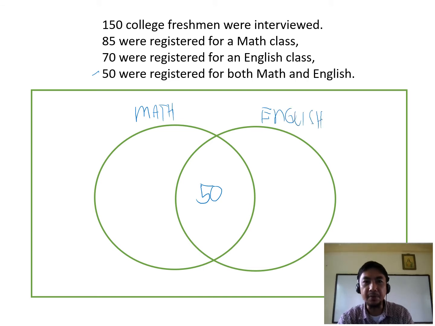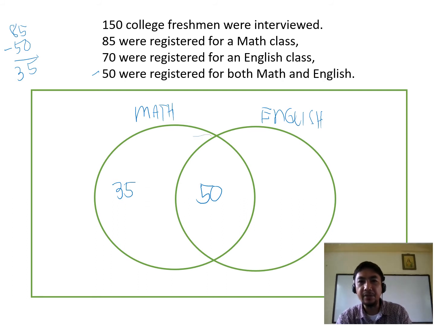Now, if you notice po, 85 were registered for math class. So, if we want to find the number of freshmen taking or registered only for math, we are going to subtract 85 by 50. At ang lalabas po doon is 35. So in other words, we have 35 freshmen registered for math class only.